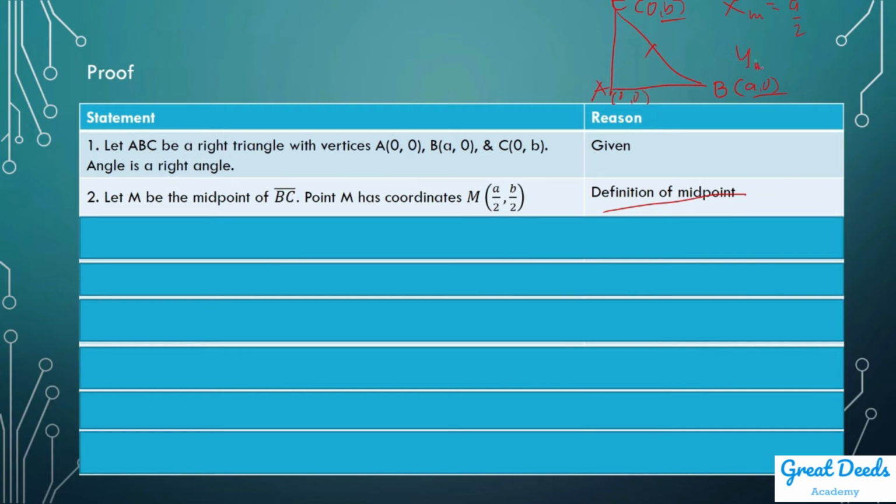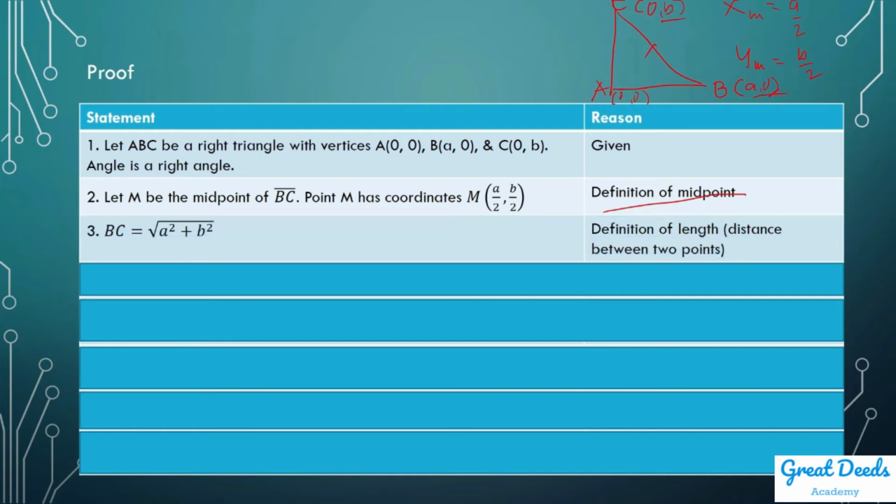And the y-coordinate is going to be 0 plus b divided by 2, which is b/2. So that is M, and those are the coordinates, from our definition of the midpoint of a line segment.